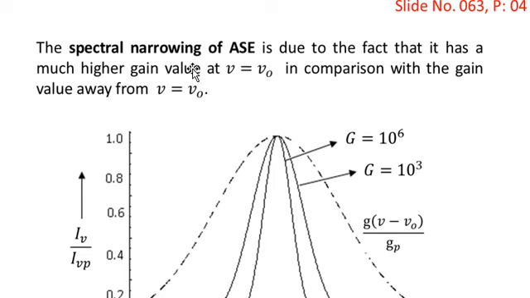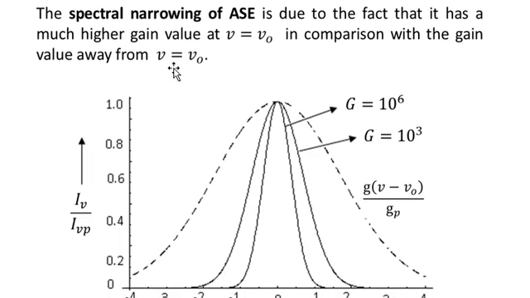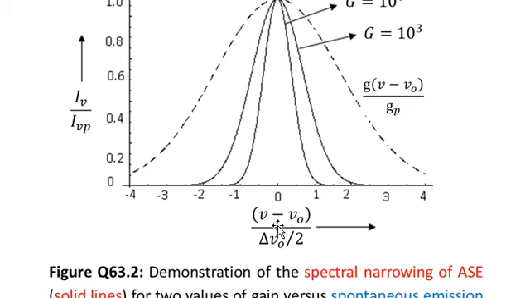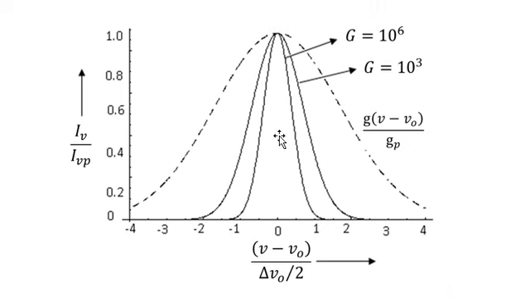The spectral narrowing of the ASE, that is the amplified stimulated emission, is due to the fact that it has a much higher gain value at nu equal to nu naught, in comparison with the gain value away from nu equal to nu naught. So as you deviate from nu equal to nu naught, the value falls quickly, but at nu equal to nu naught, the value is very high.